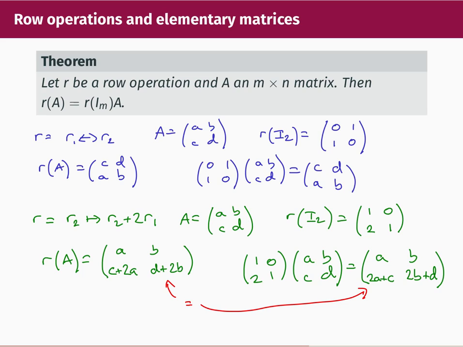As I said before, if you'd like to see the general proof for all matrices in all 3 types of row ops, you can see that in the online notes for 0007.